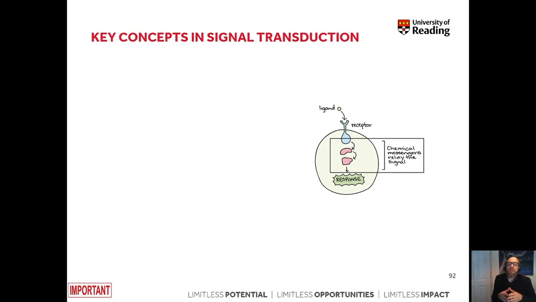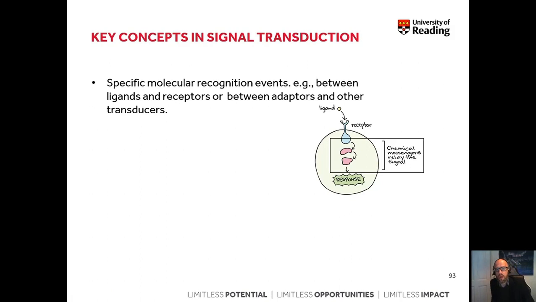What are the key concepts in signal transduction pathways? First of all, we need to assume that there are specific molecular recognition events, for example, between ligands and receptors or between adapters and transducers.